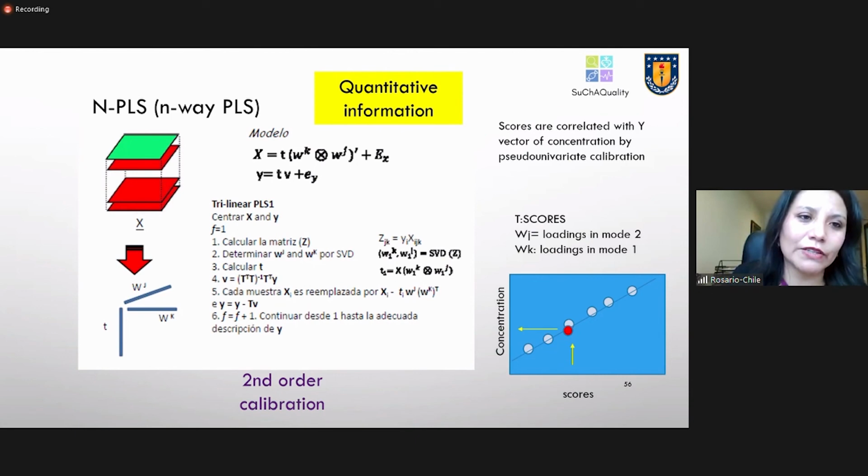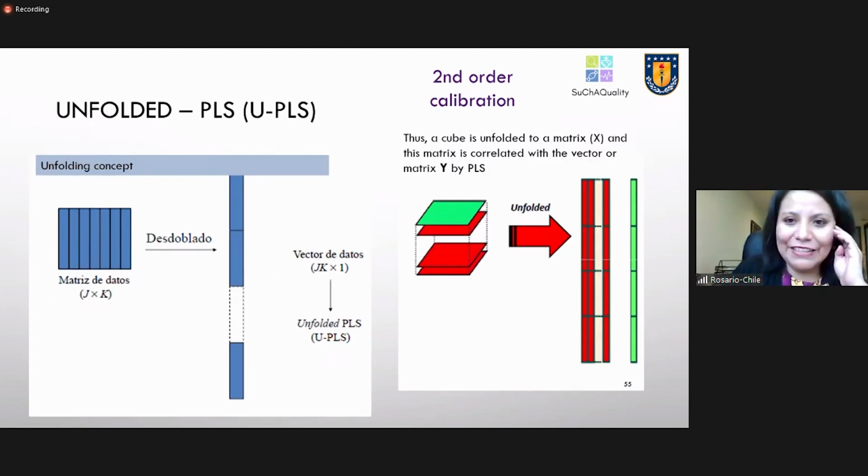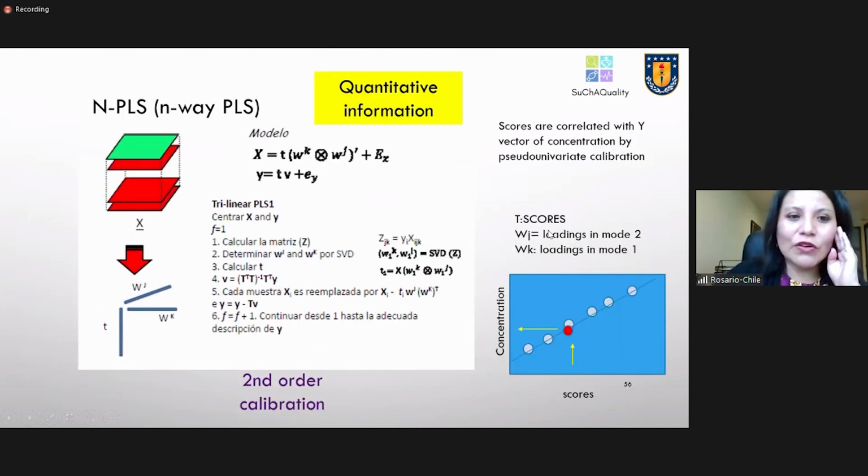So PLS is not the unique method in two-way analysis. We have another well-known method, and the name is NPLS or N-way PLS. This method uses a step of unfolding of the data to finally use an X matrix. Here I don't need an X matrix to apply the quantification method, but I will use the cube directly. How?